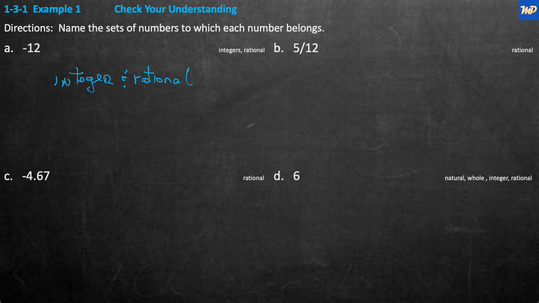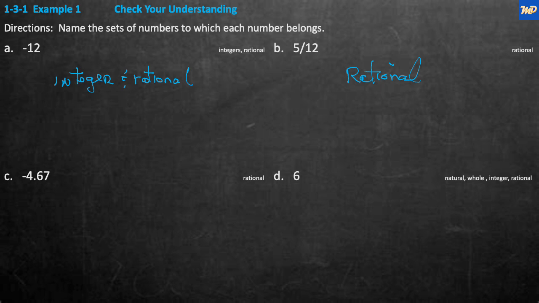Okay? How about B? 5/12. Well, is it an integer? No. It's not a whole number. It's not a natural number, but it is a rational number because it can be defined as 5 divided by 12, and both of those are integers.